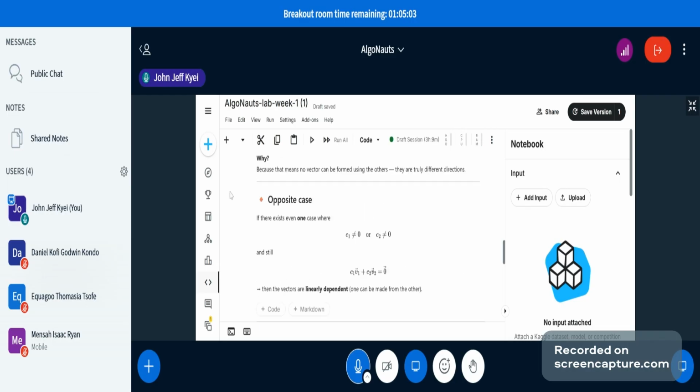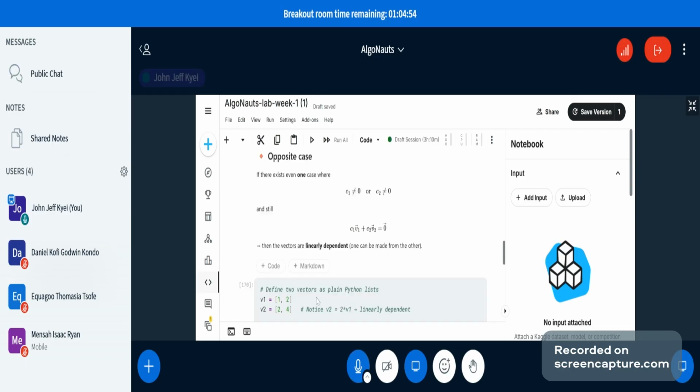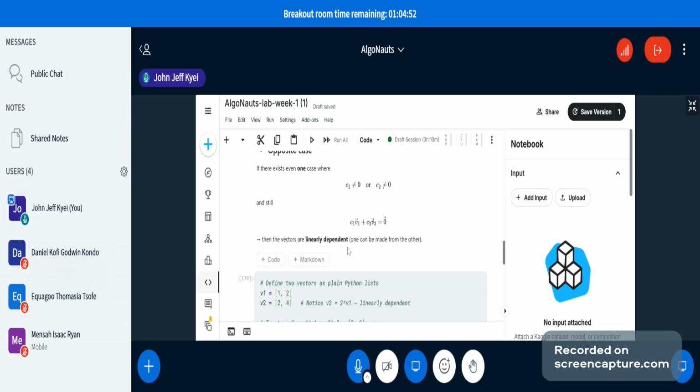But if there is at least one case where the constants are not all 0 and you still get 0, it means that they are linearly dependent, and they can be made from one another.